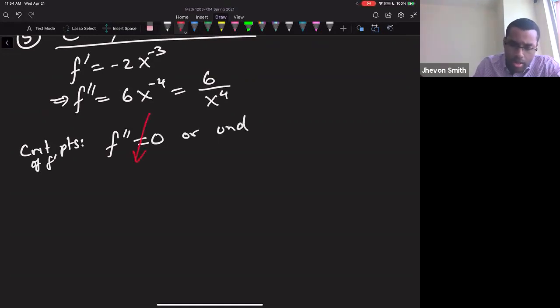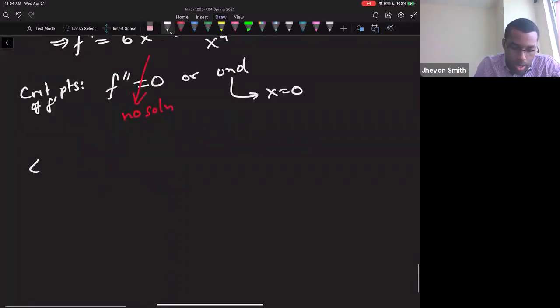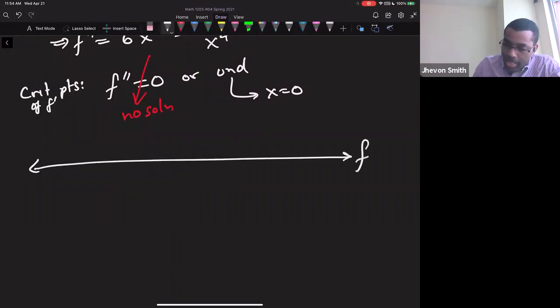Again, never 0, but it's undefined when x equals 0. So now you plot the number line, but you test it in the second derivative this time around 0.